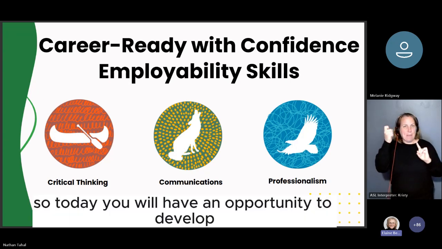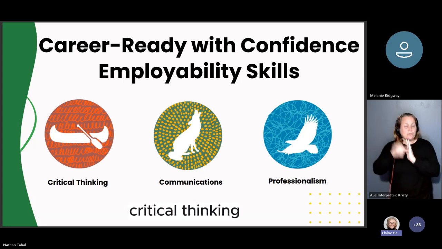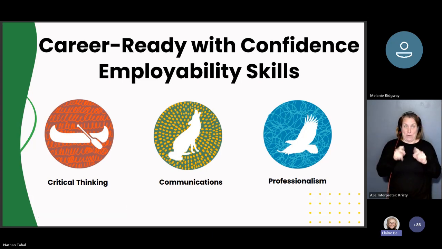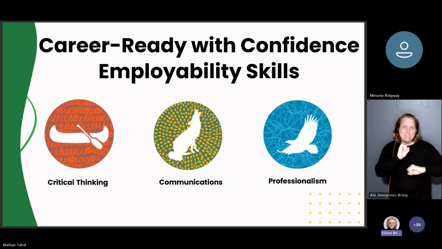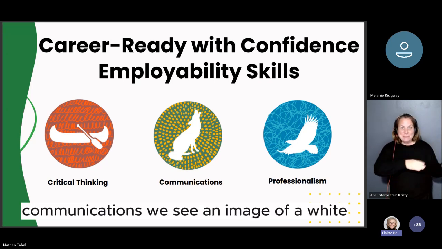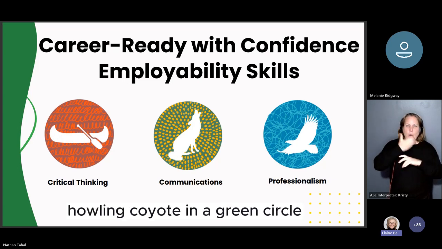So today, you will have an opportunity to develop critical thinking. We see an image of a white canoe and paddle in a red circle. Communications, we see an image of a white howling coyote in a green circle.